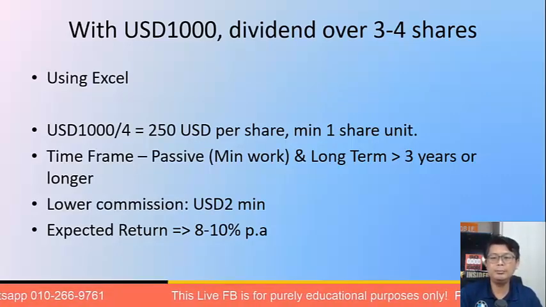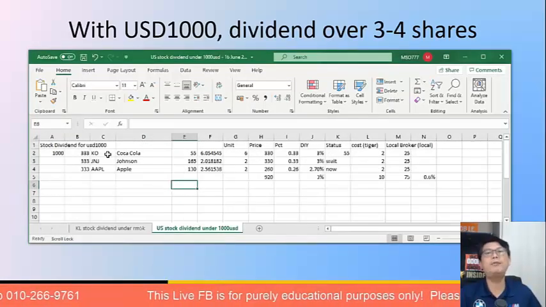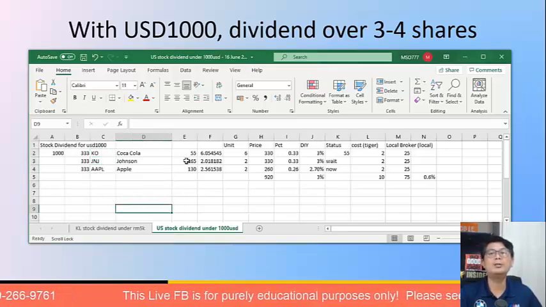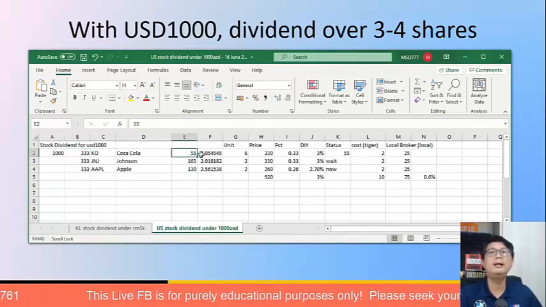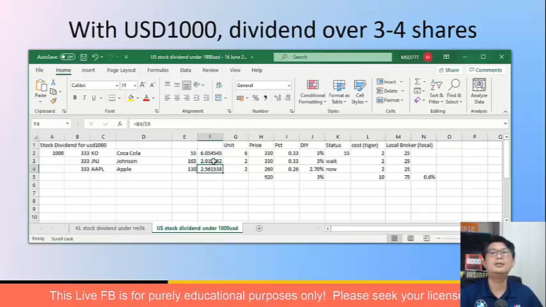Okay, and so what we're going to do is bring the Excel. So we just buy 3 stocks, KO, Johnson & Johnson, and Apple. And of course, when we divide this is 50. So $333 divided by 55. So that gives you 6 shares. Johnson & Johnson, 2 shares. Johnson & Johnson about $165.